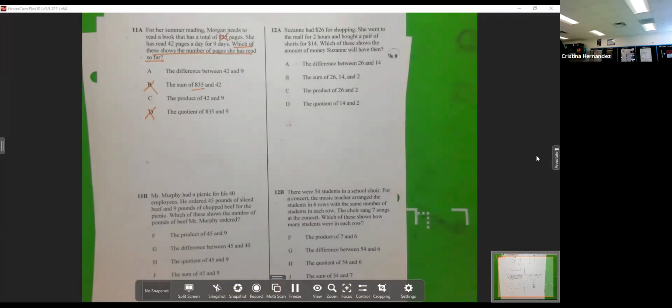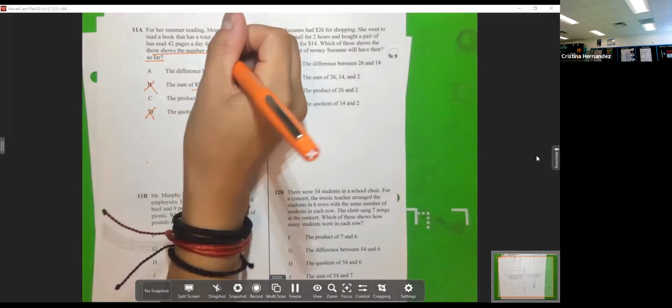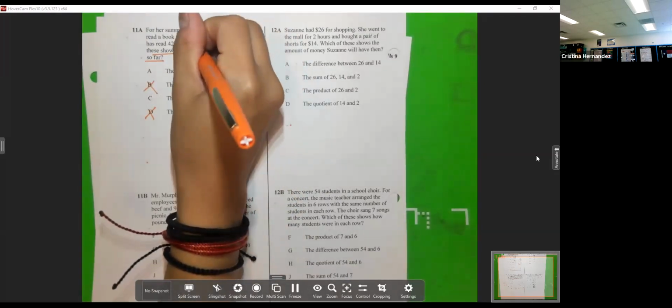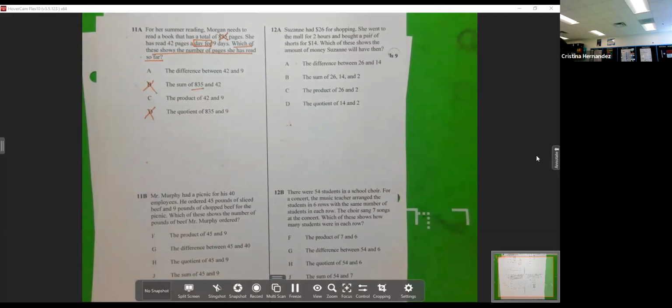If she's read a total, when they talk about day, think of per. When you hear the word per or each, what strategy are you going to use?